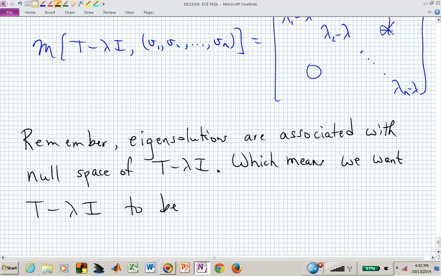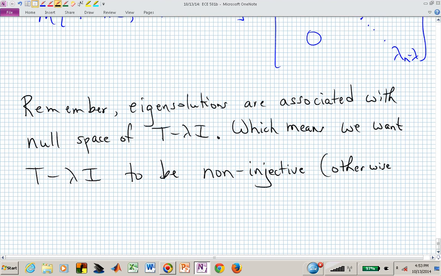Now that map is no longer injective, is it? So we want this map, T minus lambda I, to be non-injective. If that map was injective, then we would have a trivial null space. Otherwise, the null space is trivial.